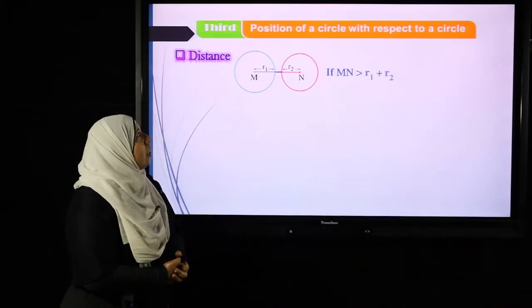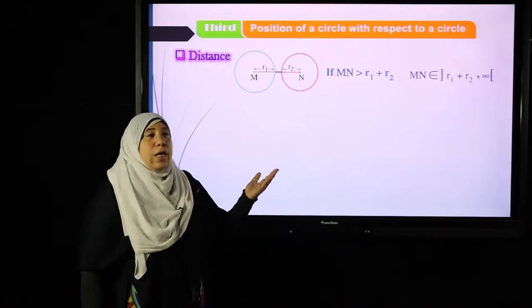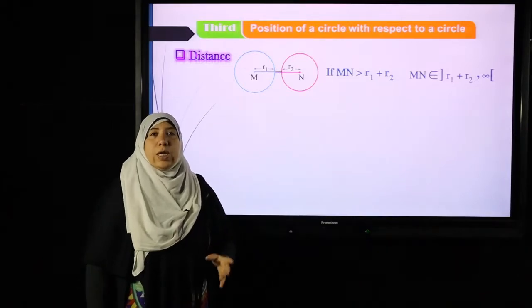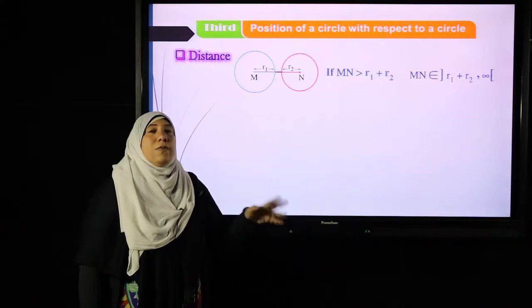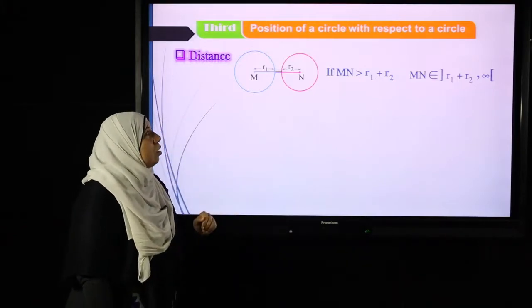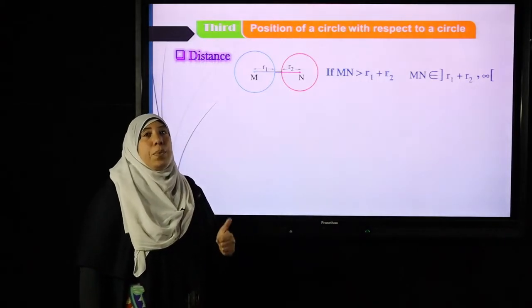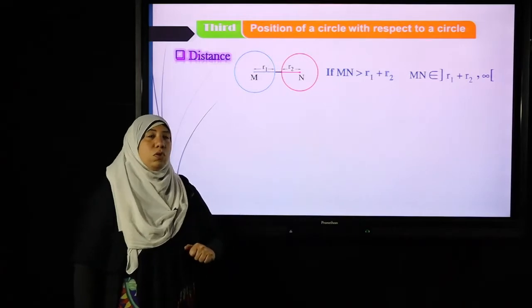So I can say that the two circles are distant. The distance here is any number from the sum to infinity. Any number greater than R1 plus R2 gives you distant circles. So I define this position by the sum of the radii and the line of the centers.